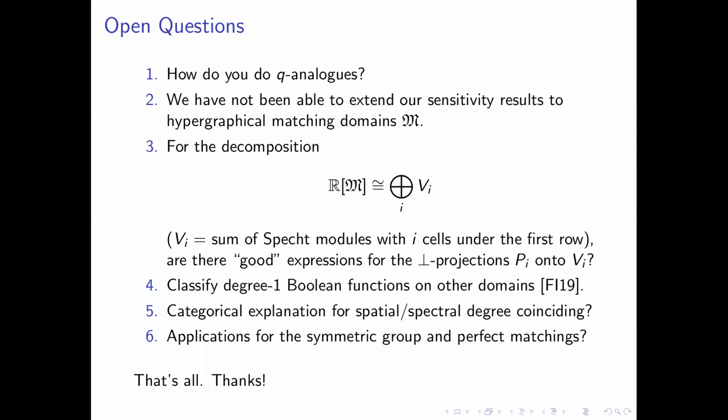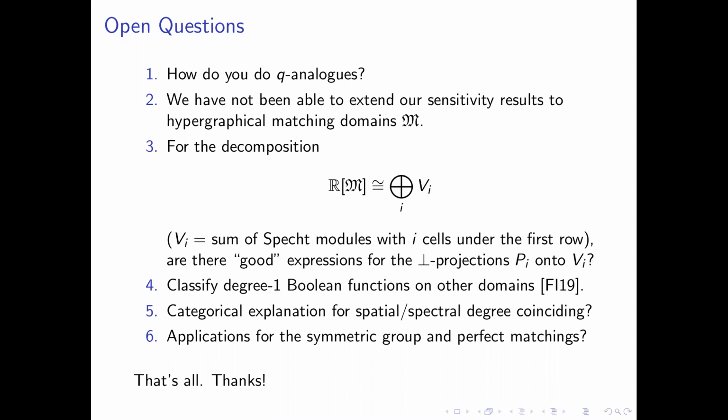To answer your question, I think 4 should be done for as many domains as possible. And I think 3 is interesting. I just haven't worked on it that hard yet, and it could be that it's quite hard. I thought about 1 for a long time and I'm completely stumped.